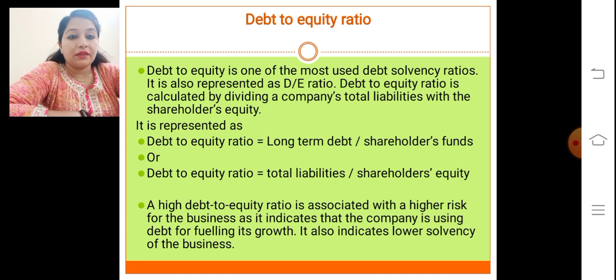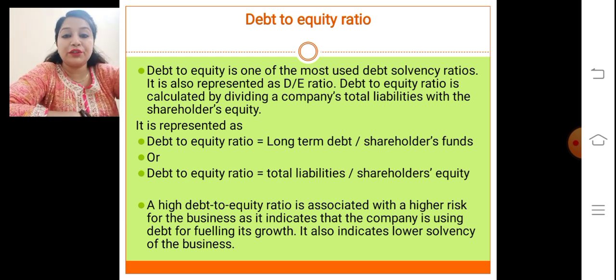So the first solvency ratio is debt equity ratio. Debt to equity is one of the most used debt ratios. It is also represented as DE ratio. Debt to equity ratio is calculated by dividing the company's total liability by the shareholders' equity.